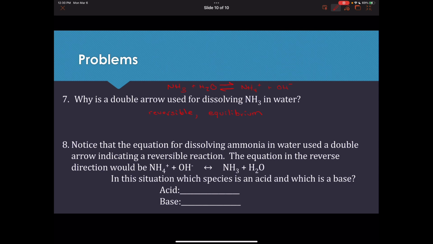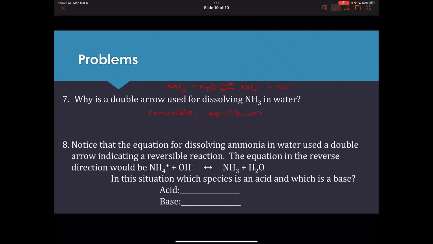Now, when we write equilibrium equations, we always write them in the direction we're interested in. So if we're interested in taking NH3 and dissolving it in water, we write NH3 and water as the reactants. But we could write this in reverse. And if we wrote it in reverse, we would have NH4 plus and OH minus producing NH3 and H2O.